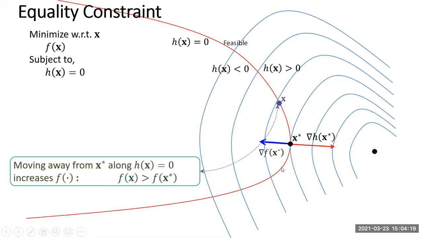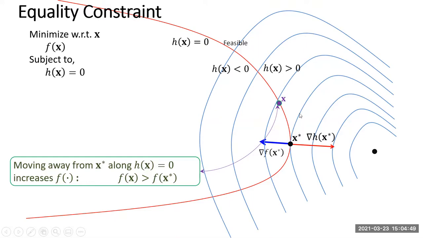So now why is this x star? Suppose we move in this direction. We're still in the feasible region. As long as we stay in this red path, we are feasible. Okay, so this point is feasible, but what's happening to the value of the objective function, f of x, as we move this way?